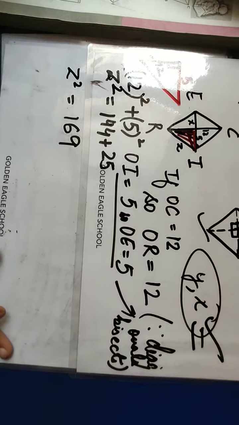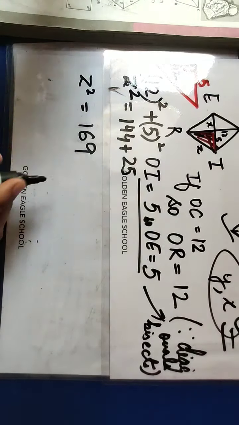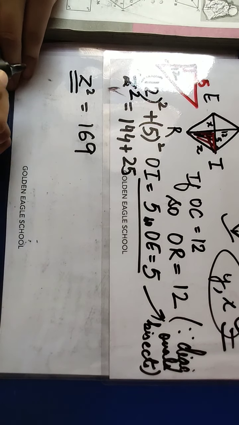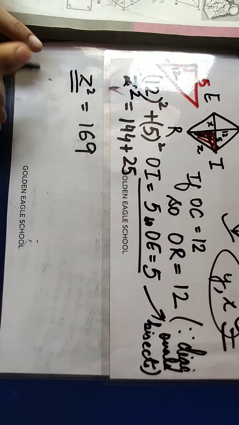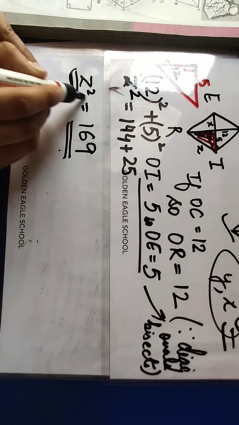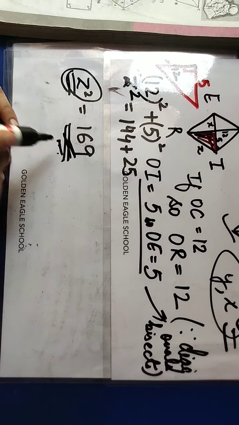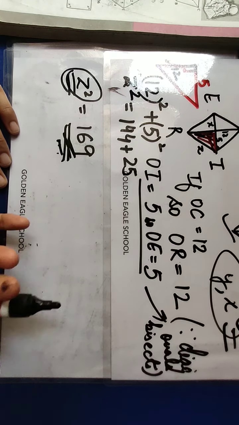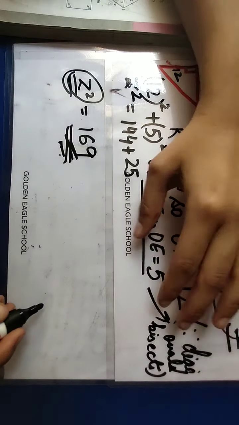So Z square is equal to 169. Now, since you may have a problem in solving this square, see, Z square is written. So we have to find the number of which 169 is the square.